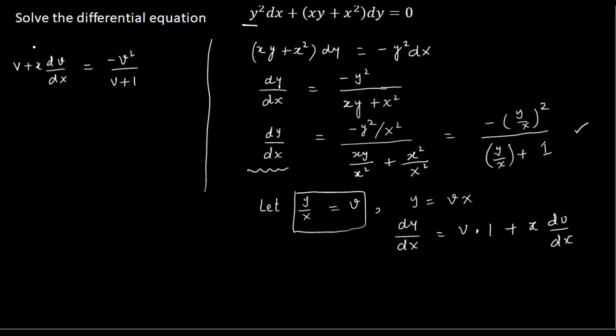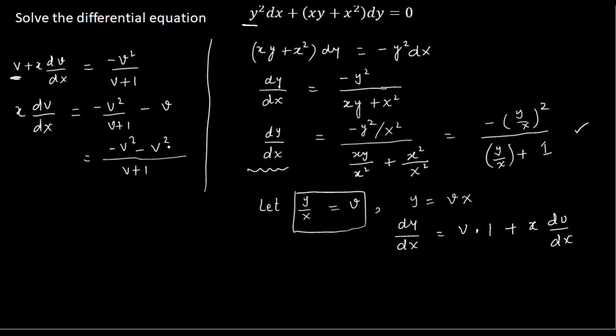Now transfer this v to the right side, we end up getting x dv over dx equal to minus v square over v plus 1 minus v. Now take the LCM and simplify this expression. So we end up getting minus v square minus v into v is v square minus v over v plus 1, equals x dv by dx.